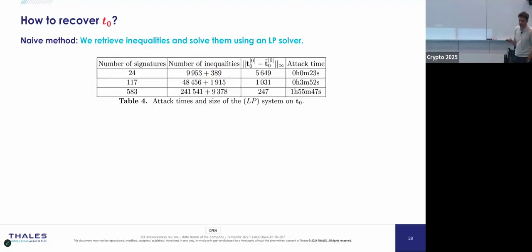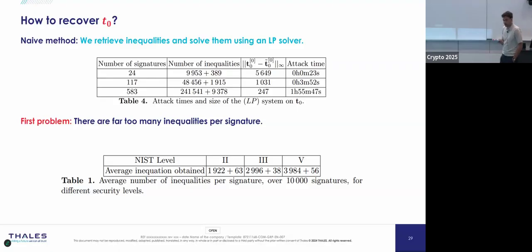There are at least two big problems. The first problem is that there are far too many inequalities per signature, because even for Dilithium 2, each signature will give at least around 2,000 inequalities on T0. This results in an LP system that is way too huge to solve.